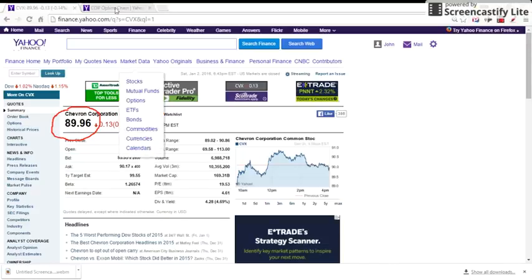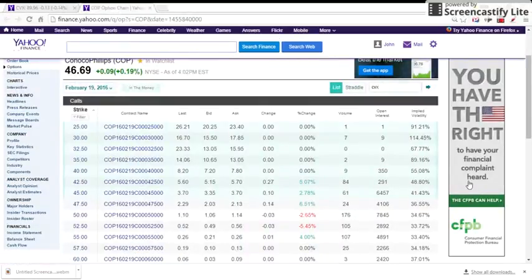Because with stocks comes an option chain for every possible price of Chevron, whether it goes up or down. Now, to keep this conversation short, we'll just focus on near the money strikes, okay? A little bit out of the money, near the money, just to keep it simple.